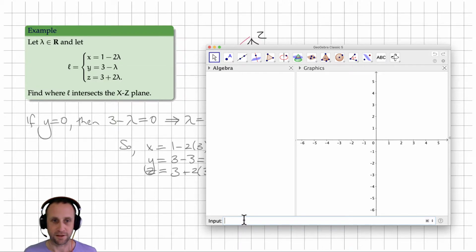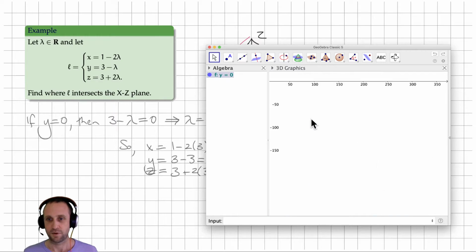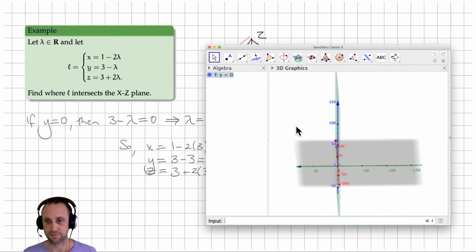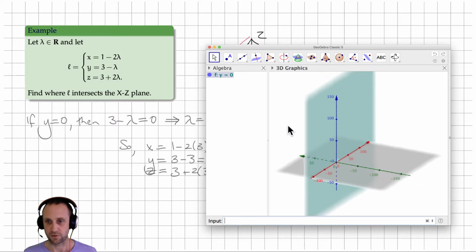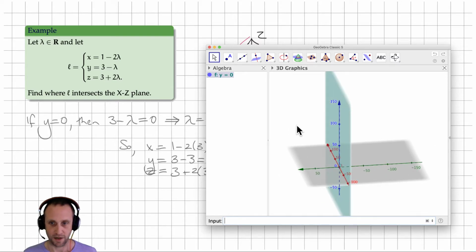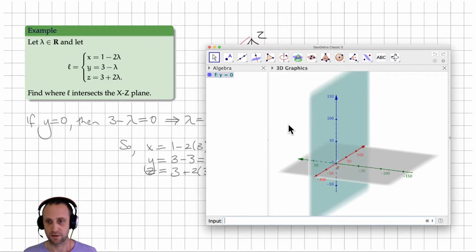We've got to put in the XZ plane. The XZ plane actually has the equation y equals 0. We cannot see that very well on this view because we're in 2D space. But if we go over here into 3D space, that's the plane that we're looking for, described by the very simple equation y equals 0.